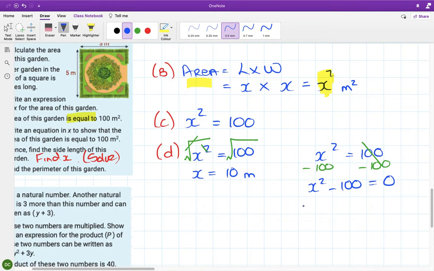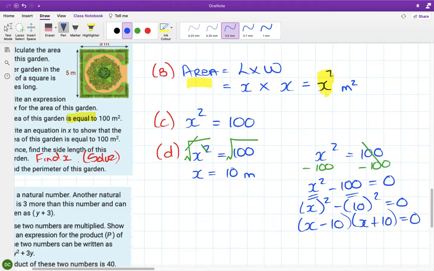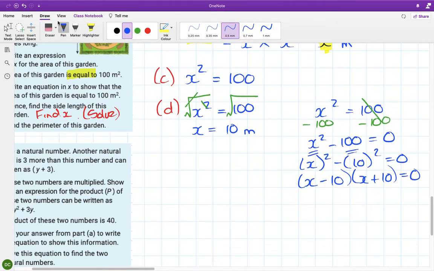We recognize this is a difference of two squares because we have the squared term and we have the constant term. So we ask ourselves what's being squared in both cases. We do first minus second and first plus second. And then we split the page.